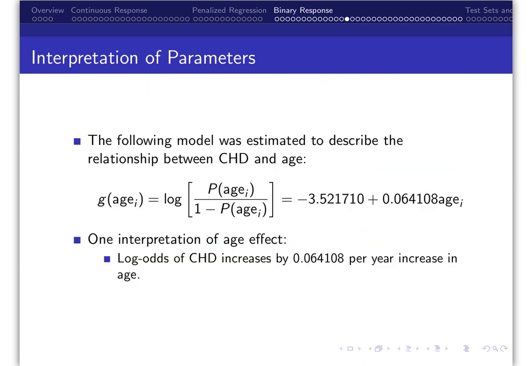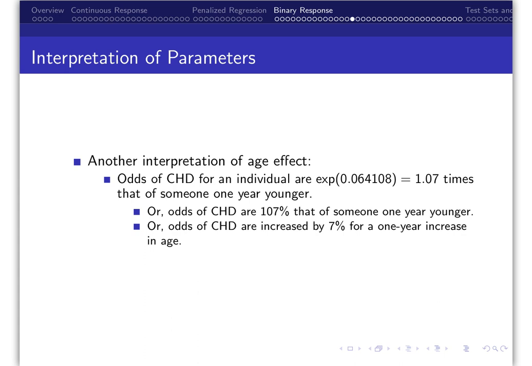The following model was estimated to describe the relationship between CHD and age. Now we want to interpret the effect of age. In this case, the log odds of CHD increases by 0.064 per year increase in age. Personally, I don't care much for this interpretation because I don't think on a log scale. Another interpretation of beta 1 can be in terms of the odds.